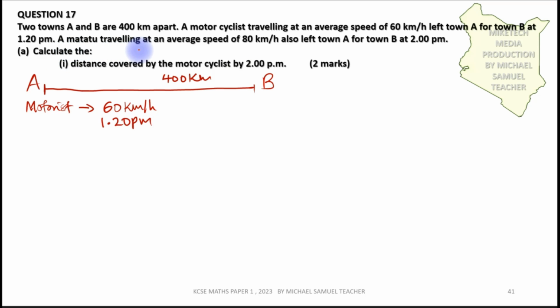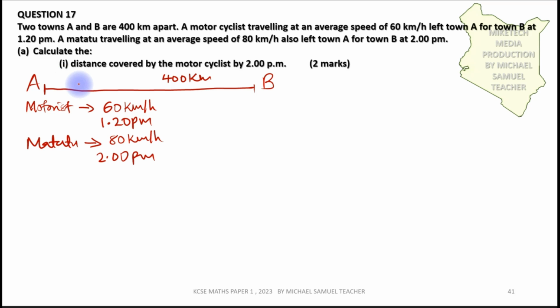Then also a matatu traveling at an average speed. We also have a matatu which is also moving from A to town B. The speed is 80 km per hour and it left at 2 p.m. So that is the time the matatu left.